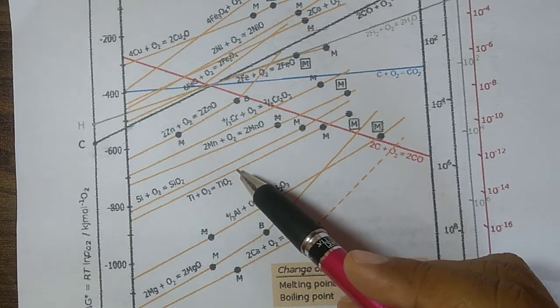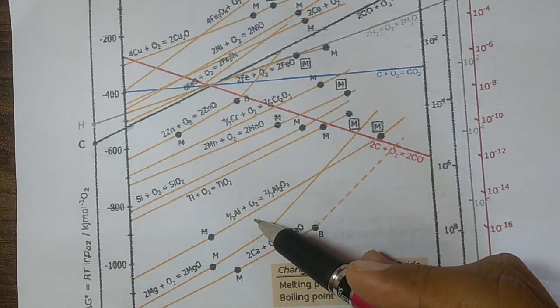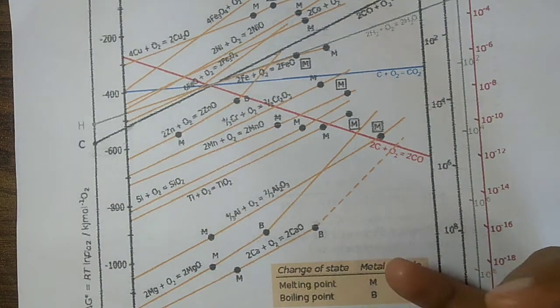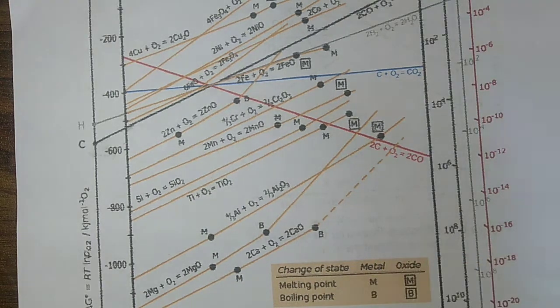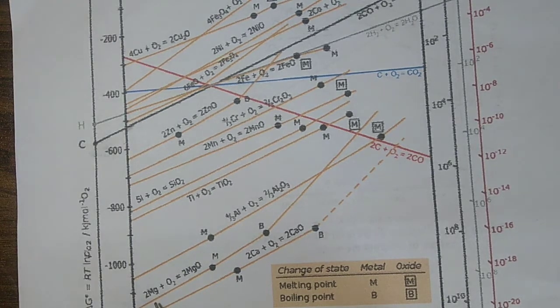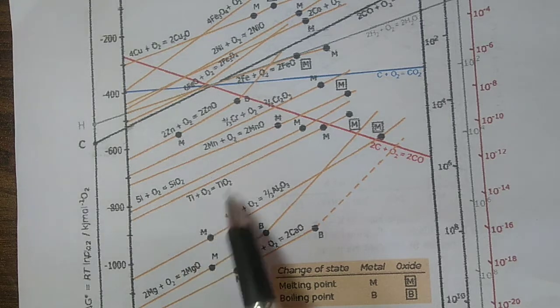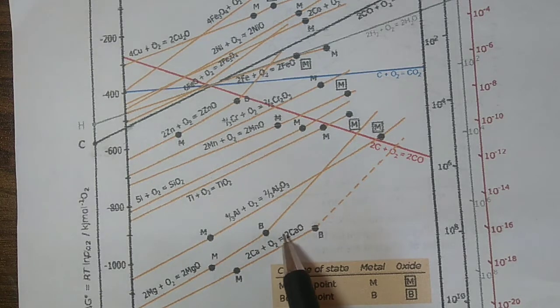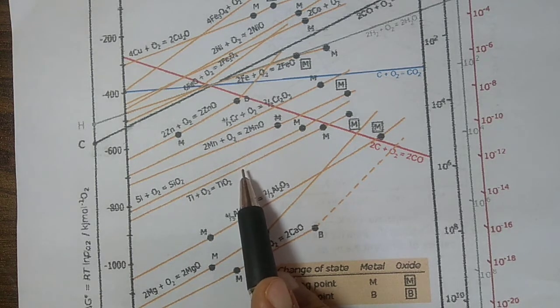But this TiO2 can't reduce aluminium, or magnesium or calcium. Okay, for example, this magnesium line lies below this TiO2, and this magnesium can reduce this TiO2, right?